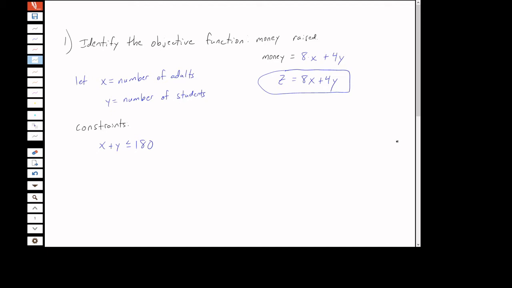So, for example, it would be perfectly okay if we had 2 adults and 1 student. The constraint is that there must be at least 1 student, so we could have more than 1 student. Okay, so this is fine. 2 adults and 3 students is fine.